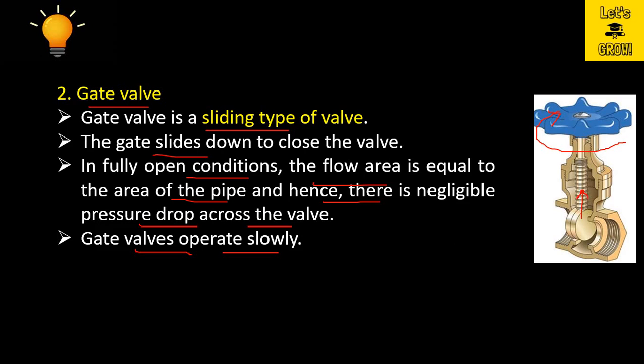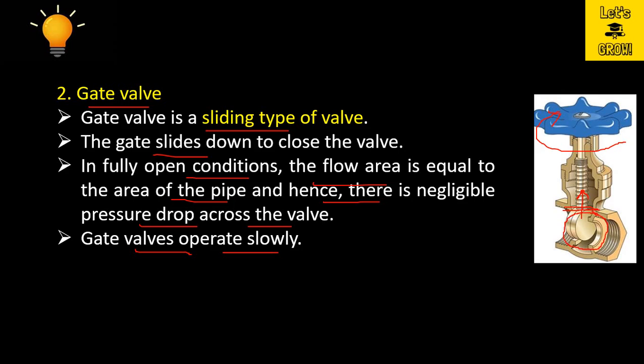As it moves upward, the opening area of the valve will increase, and when this circular gate moves upward and reaches here, the complete cross section area will open, correct? So in that particular case it will be a fully open condition.